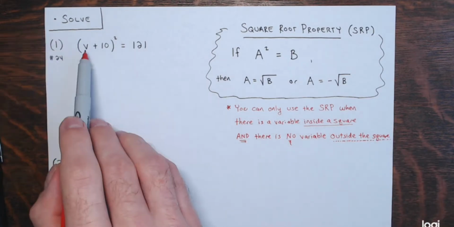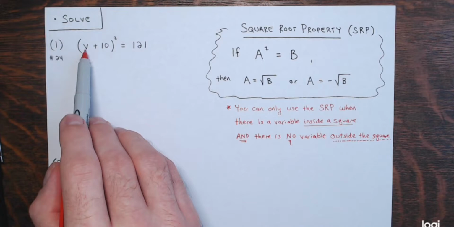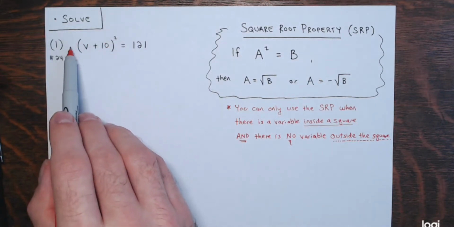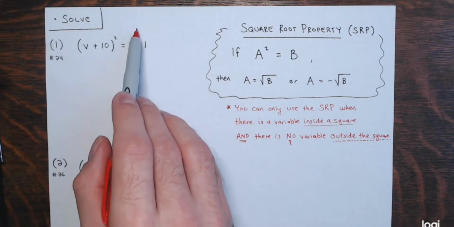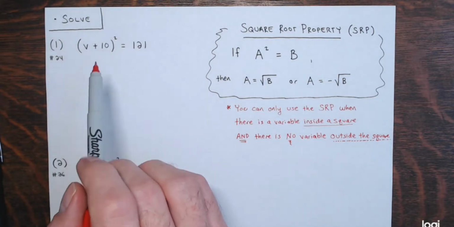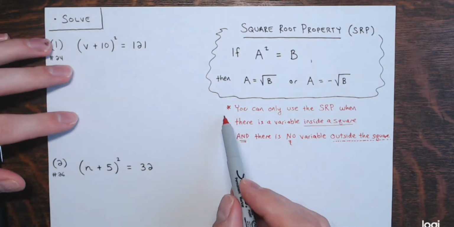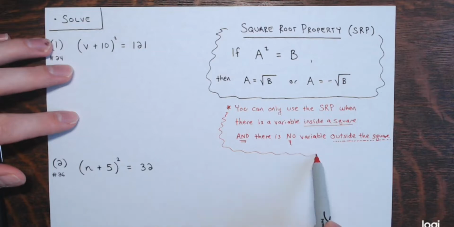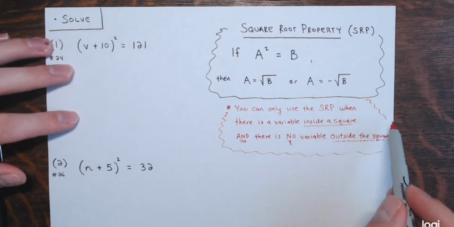So you notice the v plus 10, there's a variable v inside the square, and looking outside that square, there is no variable. There's no v anywhere else. So this is the only scenario in which you're going to be able to use the square root property.